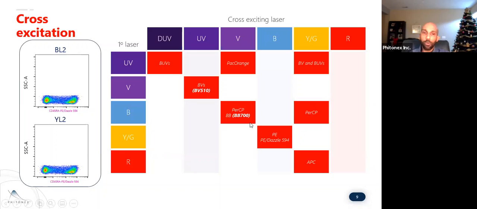And the problem with this cross-laser excitation is that it's going to eliminate a detector. So over here, we've got an example of PE Dazzle that's excited by both the blue and yellow-green lasers. So we're going to have a strong positive signal in both of these detectors. So whenever we're performing a multicolor panel, if we're using PE Dazzle, we can't use both of these detectors at the same time. We've got to pick one. So we're already kind of losing the value of our cytometer.